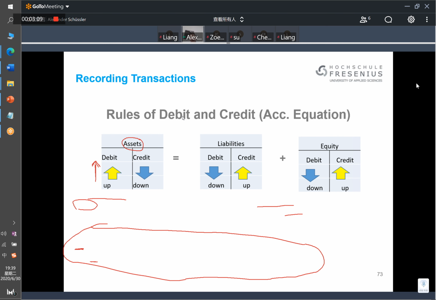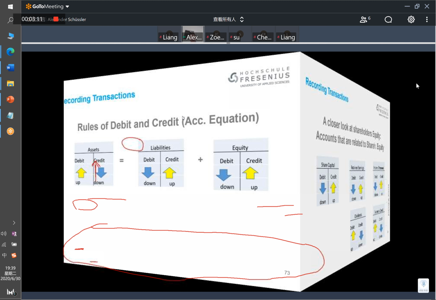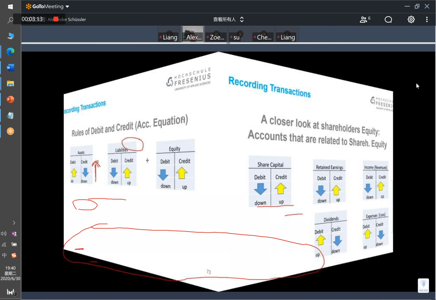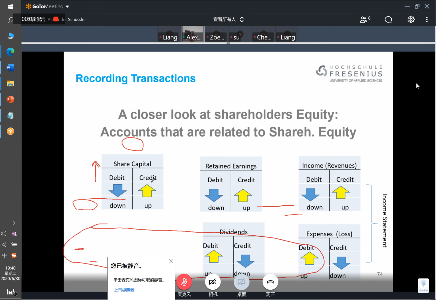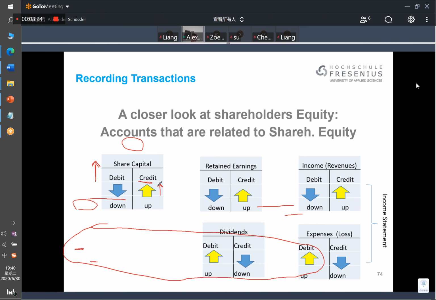Share capital is an equity account; when you credit it, it goes up. It's the other way around, and this is important.